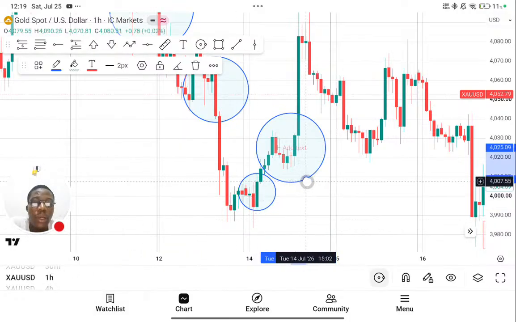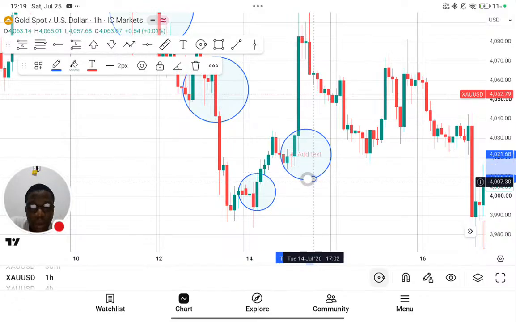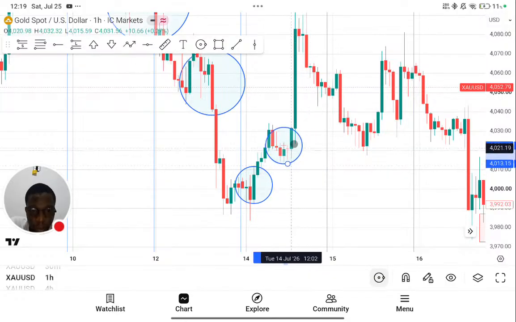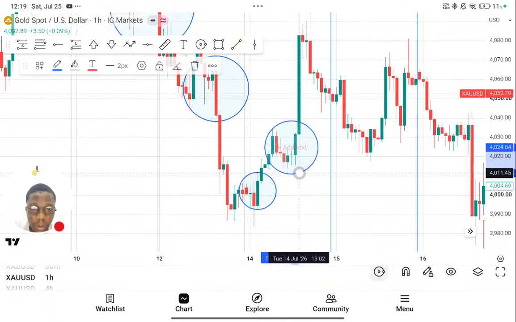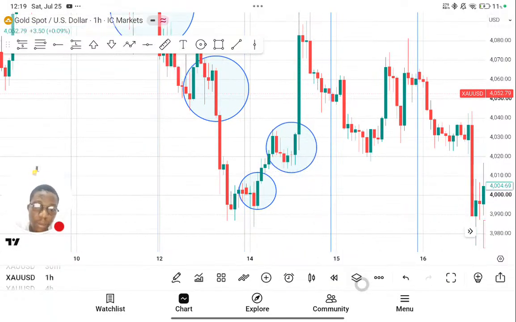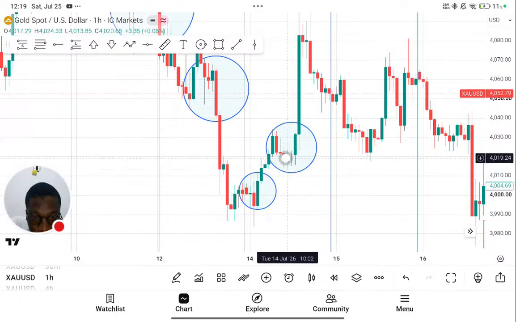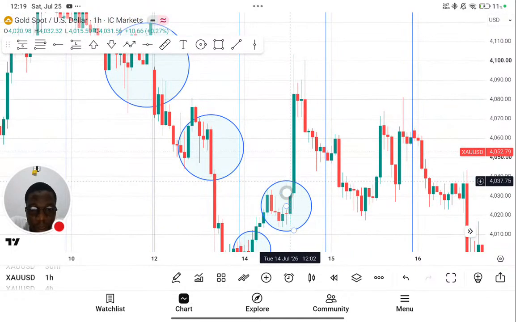It just depends on the time frame you're looking at, but it's still the same thing, just different fractals. So this here is a buy signal pending, because see that same guy, it took over.